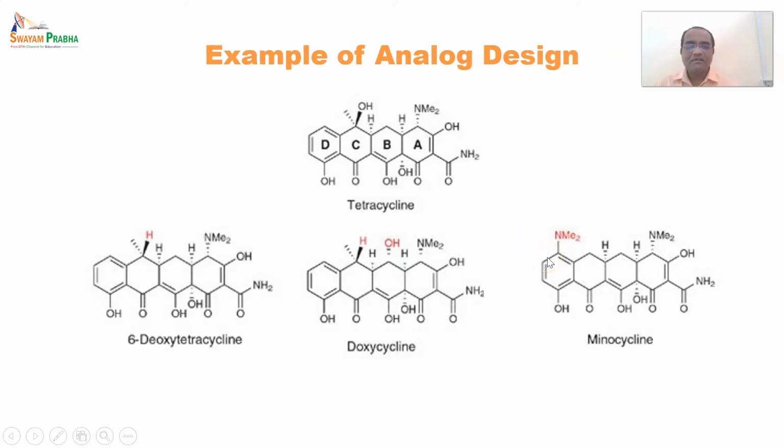In the last lecture we also saw that by introducing some hydrophobic groups, lipophilicity increases, and by introducing polar groups, hydrophilicity increases but lipophilicity decreases. So it depends on what kind of group we are introducing.